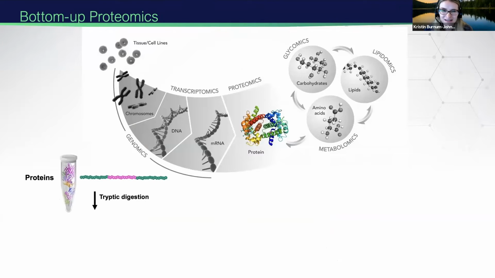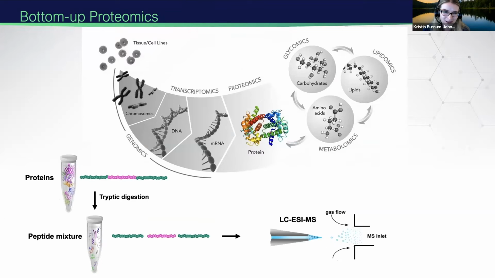Following trypsin digestion, the majority of the peptides are an ideal size for mass spectrometry. Therefore, these peptides are well characterized by liquid chromatography, electrospray ionization, mass spectrometry, and this will be covered in more detail later today.